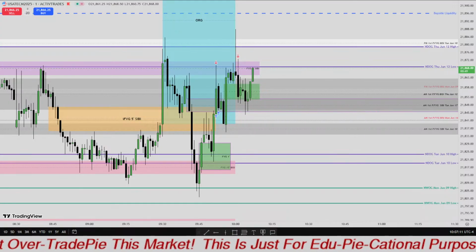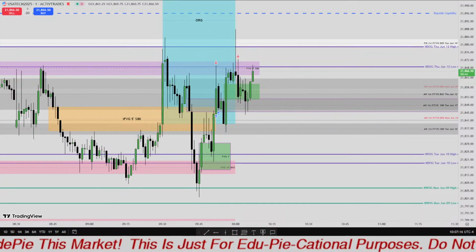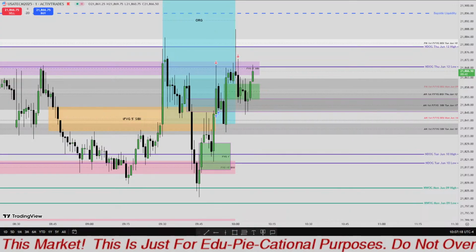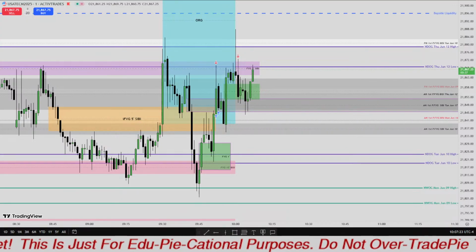Now we started going higher, as I said. After touching the first presented fair value gap 3-4 times, the market started going higher.